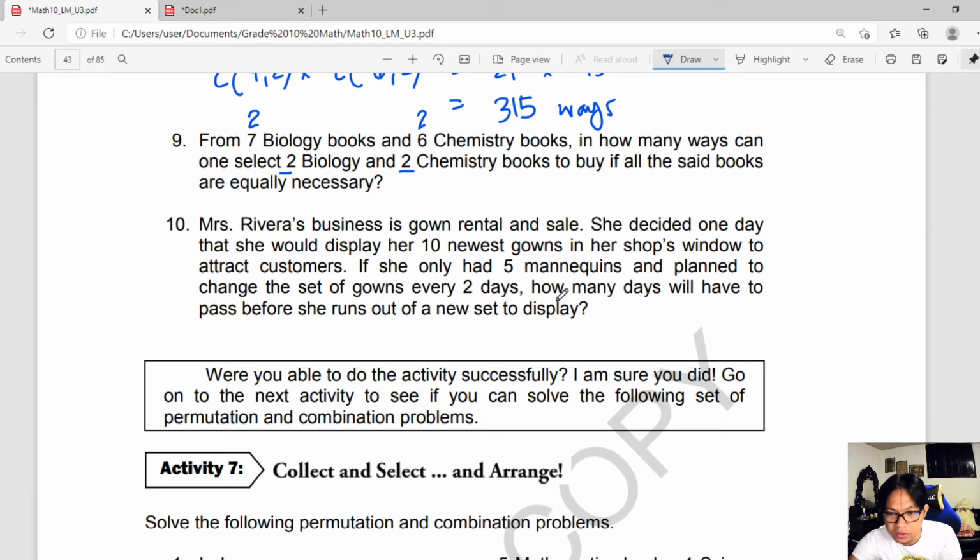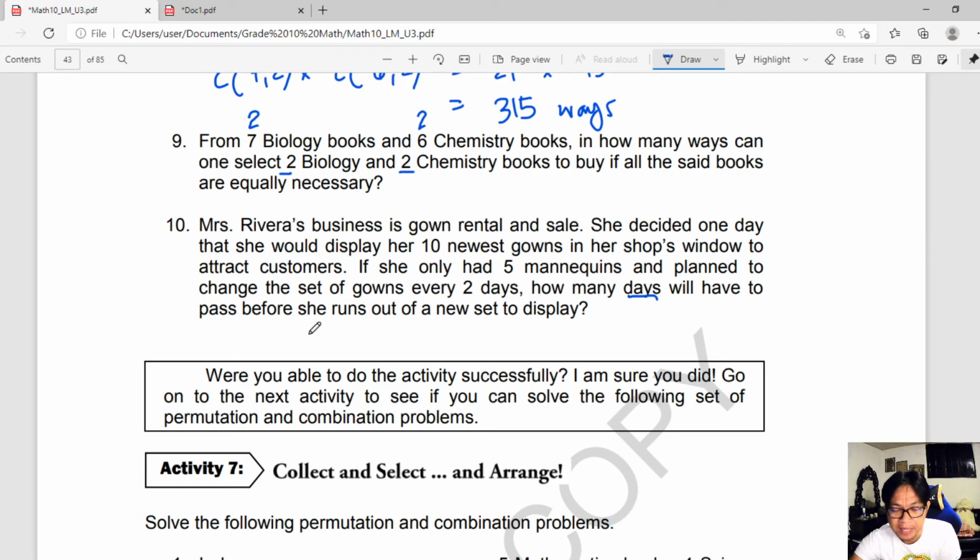Pero tinatanong dito, we're not looking for how many ways, no? Ang tinatanong dito is, how many days will have to pass before she runs out of a new set of display. So, ilan yung days bago maubusan siya ng new set to display. So, wala na siyang ibang ma-display, wala na siyang ibang combination na ma-display.